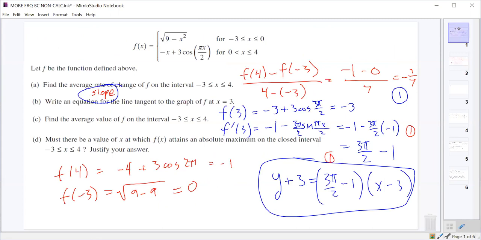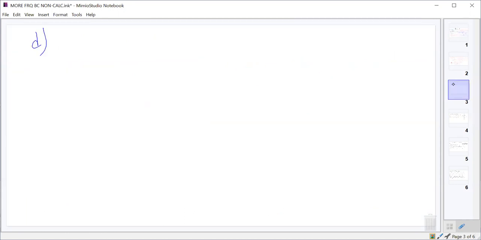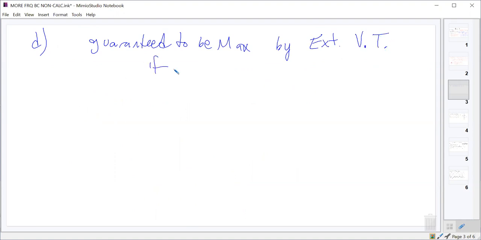Okay. All right, part D, we want to know if there's a value of x at which f of x attains an absolute max on the closed interval. Well, a max is guaranteed by the extreme value theorem if f is continuous on the interval. What was it, -3 to 4, right?